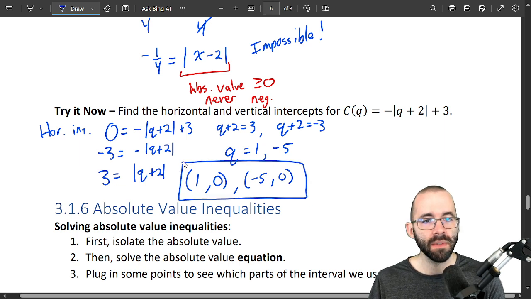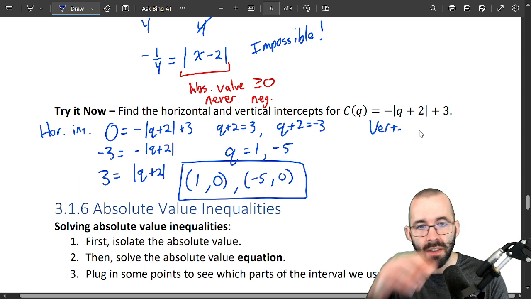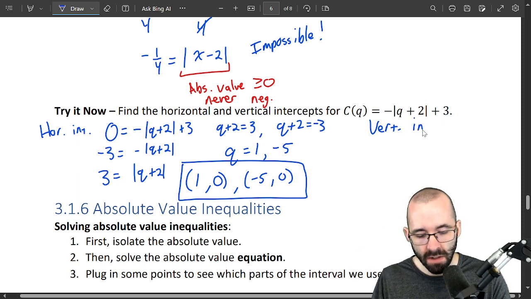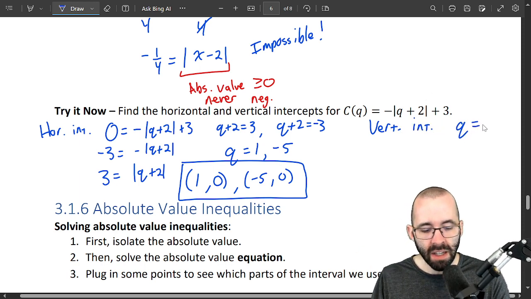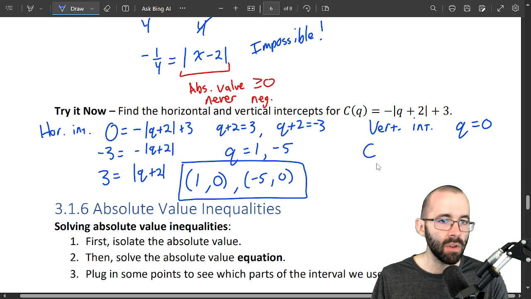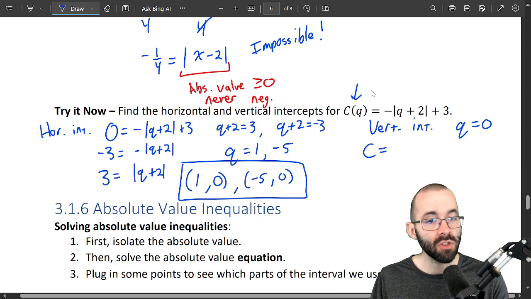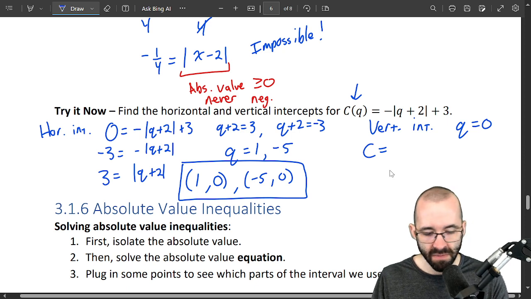Horizontal intercepts. Vertical intercepts, often thought of as y-intercepts, is going to be when the input is 0. So then C, you could write this as C of 0, C evaluated at 0, or just C. Remember, this is function notation, not multiplication.